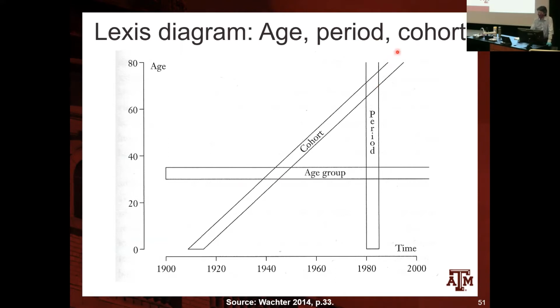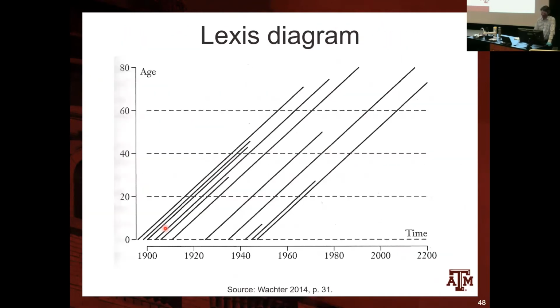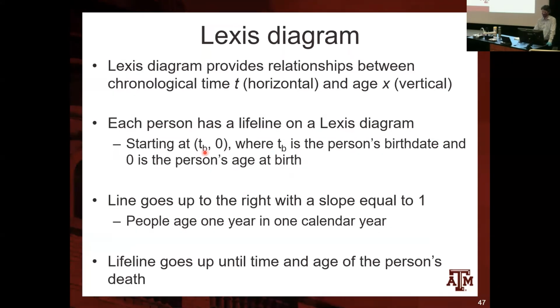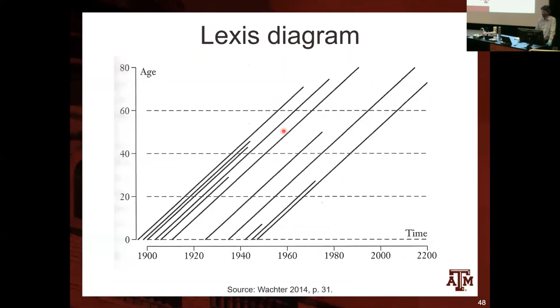In this representation of the Lexis diagram, the person asked me if each one of these lines represents one person. In this representation, yes. Each one of these lifelines represents one individual. Each person has a lifeline in this representation here.